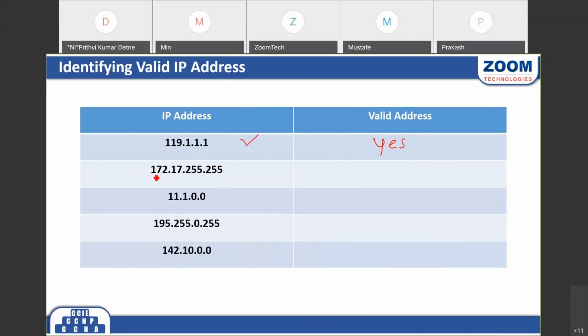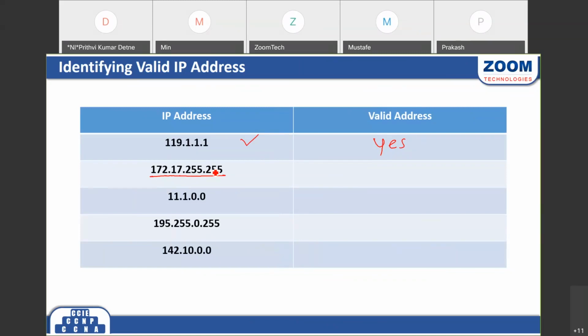Second example: 172.17.255.255. Is it a valid IP address? No. Why? Very nice, it's a broadcast ID. Because in the last portion we have 255, right?